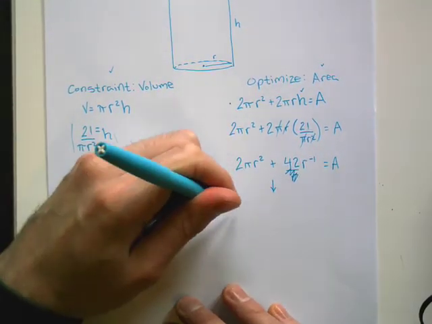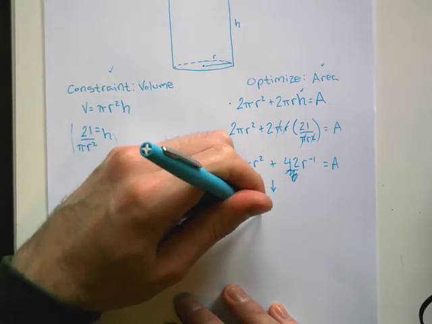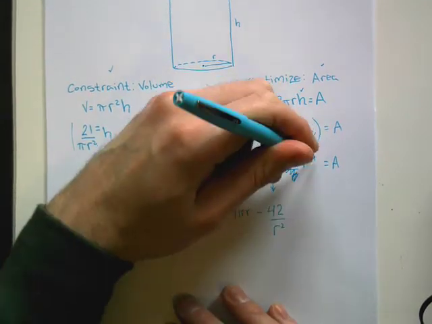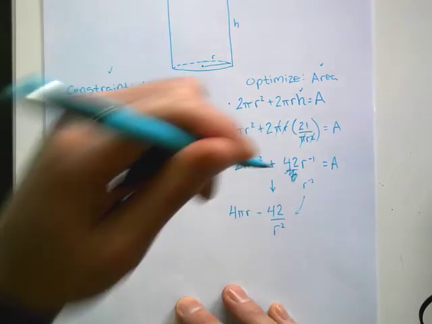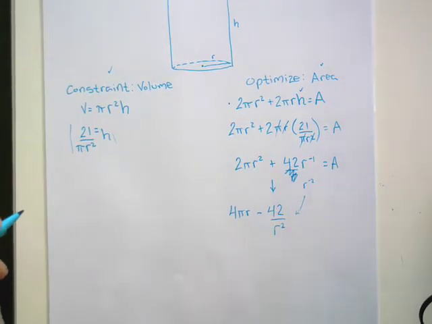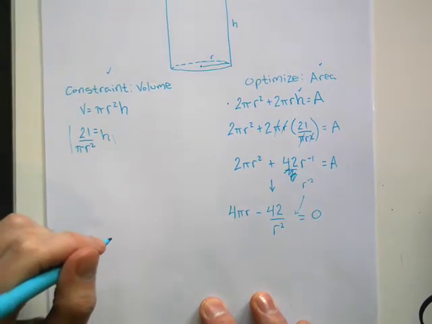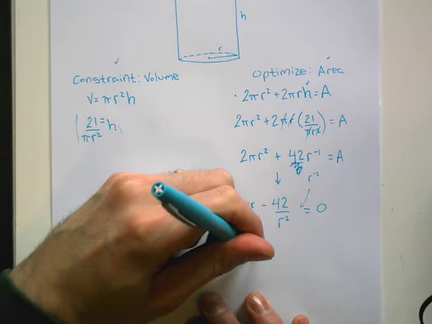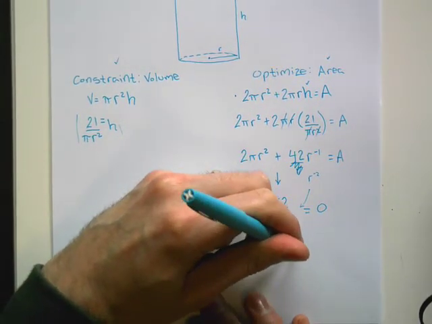My derivative, because I'm trying to find my critical point, would be 4 pi r minus 42 over r to the second, because r to the negative 2 is the same thing as putting r squared in the denominator, equals 0. So what I have here is negative 42 over r squared equals negative 4 pi r.